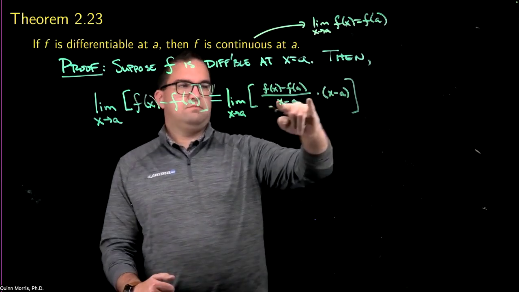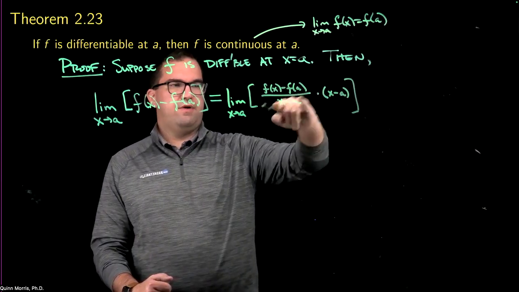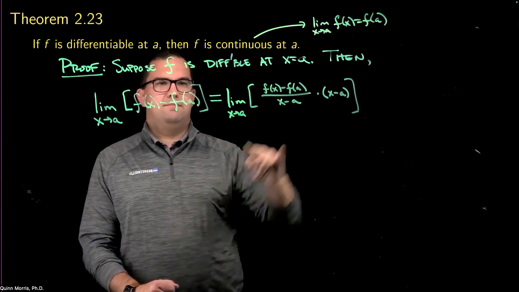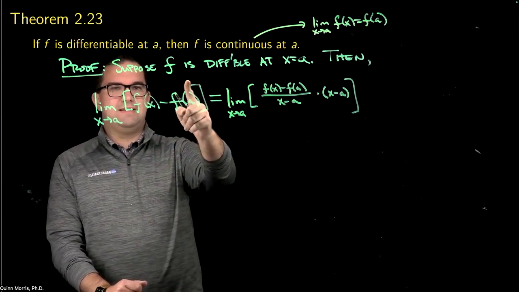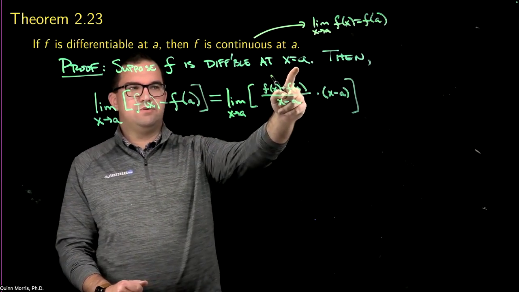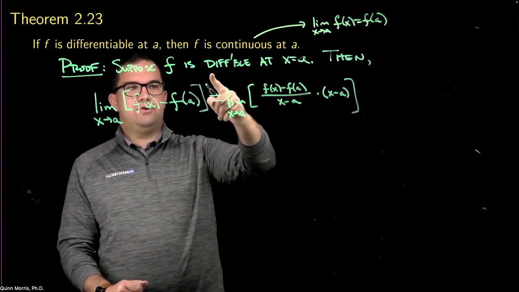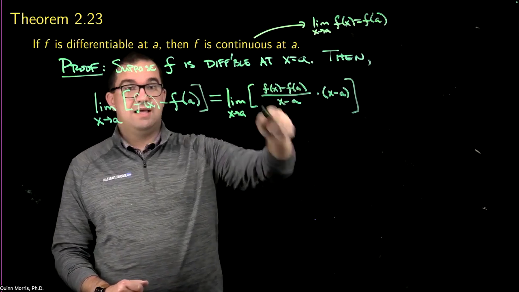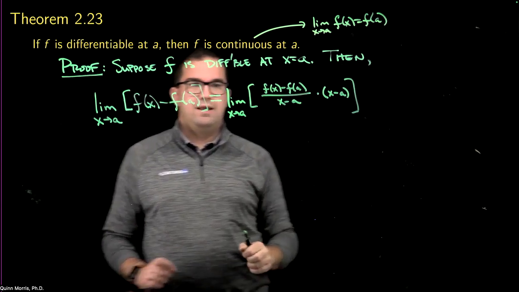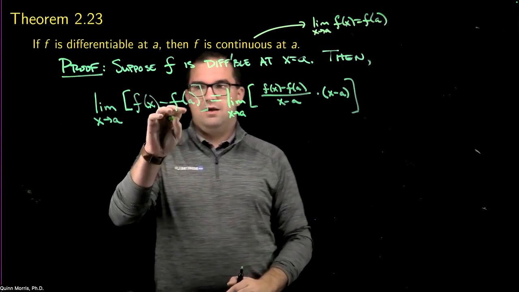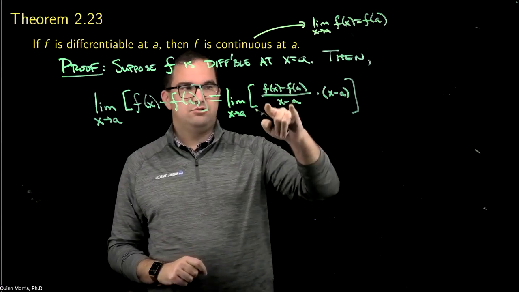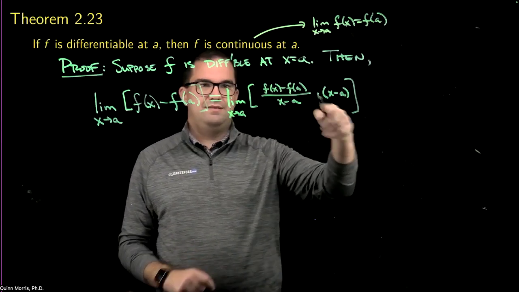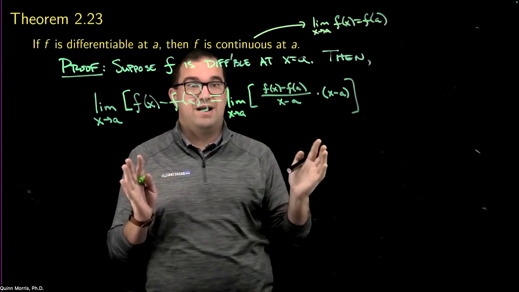Now, notice you could simplify this to get back over here, but you might ask, why would I do this? Well, I need to somehow use my condition that f is differentiable at x equals a. So in order to do that, I need to take a limit of something that looks like this. I want to say something about this, and I know something about this, so I need to introduce something of this form, and then I'm just going to have to pick up this correction factor here.